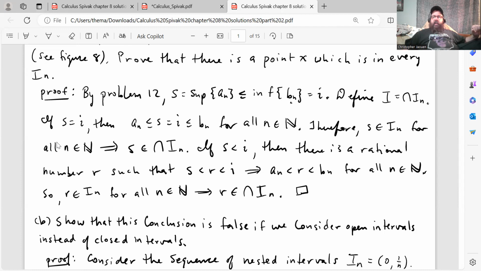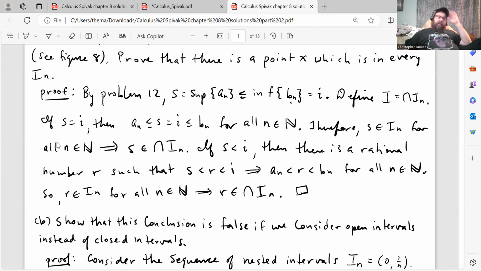And then define I to be the intersection of all of the intervals IN. Then if S is equal to I, then AN is less than or equal to S is equal to I less than or equal to BN for all natural numbers N. Therefore, S is in IN for all natural numbers N, which implies that S is in the intersection of all the INs.